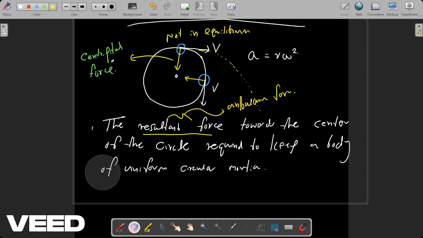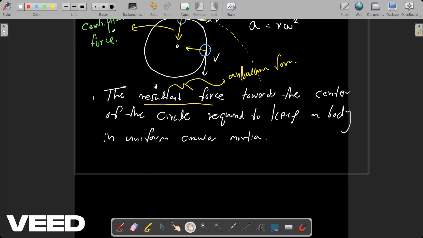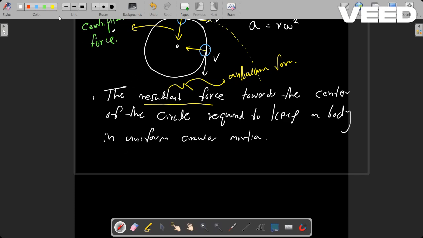Not just circular motion, but uniform circular motion. That is the force that is keeping the object in uniform circular motion. So it's a perfect, mathematical circle.